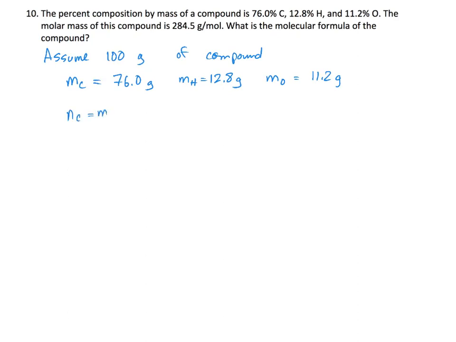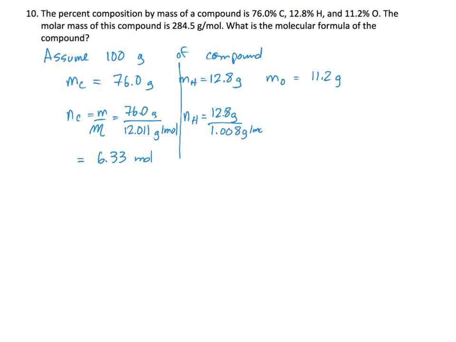So moles of carbon is mass over molar mass is 76.0 grams over 12.011 grams per mole. That equals 6.33 moles. For hydrogen, moles of hydrogen is mass, 12.8 grams divided by 1.008 grams per mole, 12.7 moles.